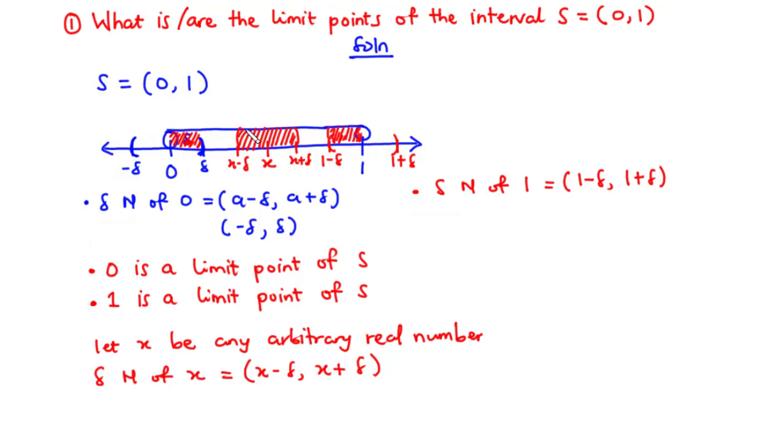Now since this region contains infinitely many points, it means that x is also a limit point of S. Now what this primarily means is that all the elements or all the values between 0 and 1 are all limit points.